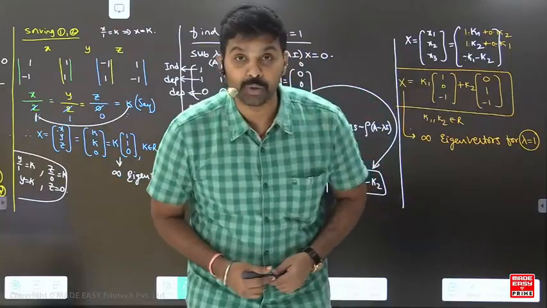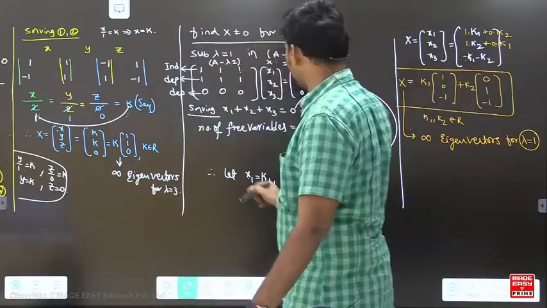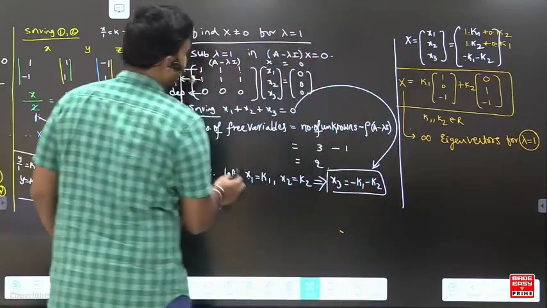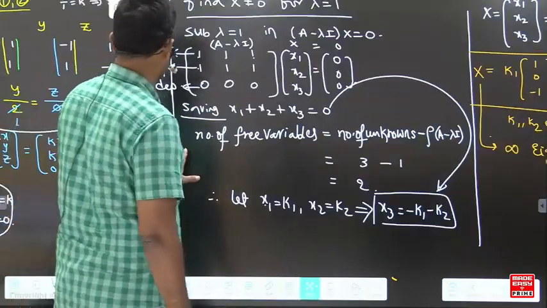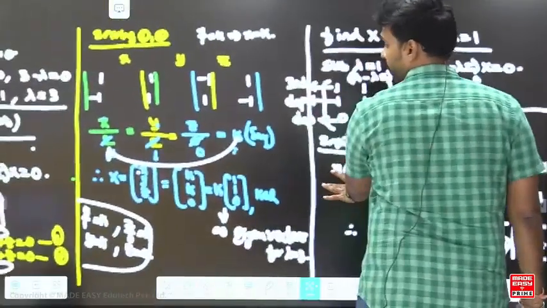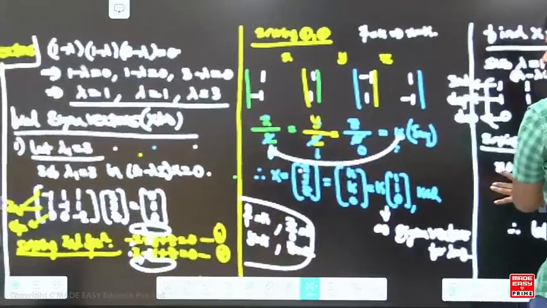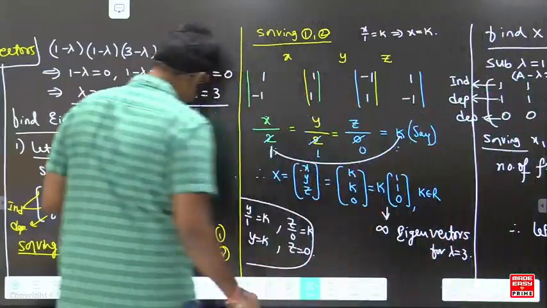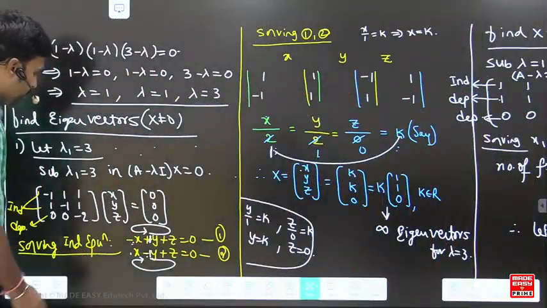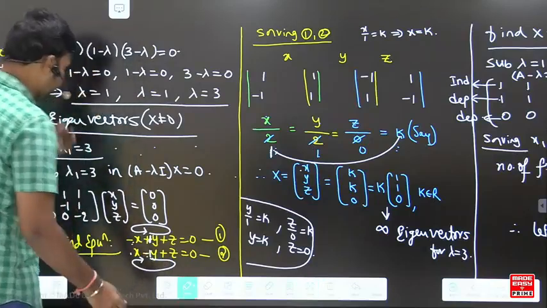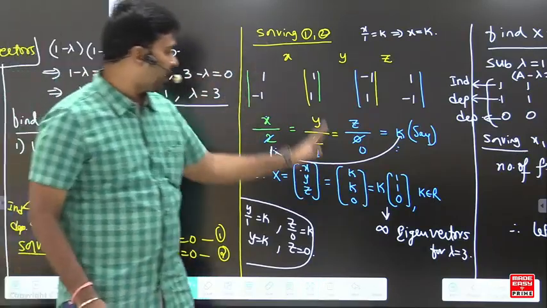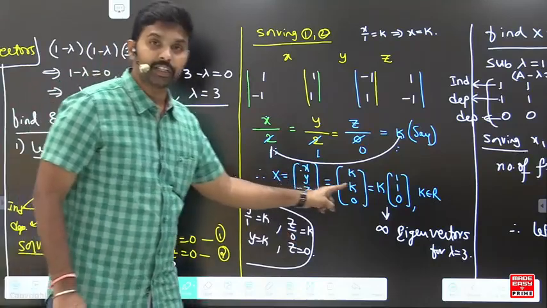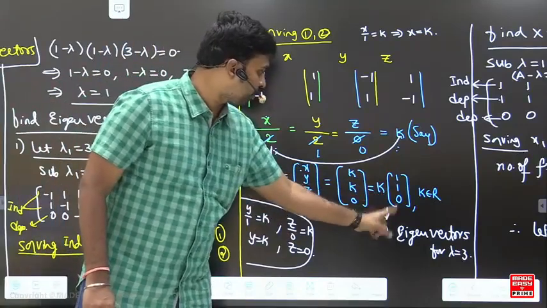But my question to you is this. While you are finding the eigenvector here, the eigenvector is given by k times (1, 1, 0).